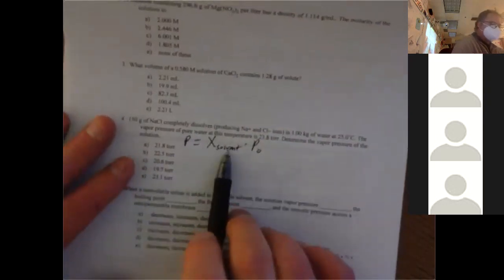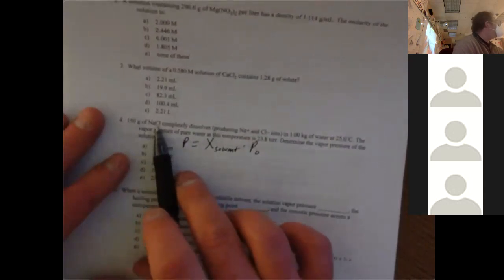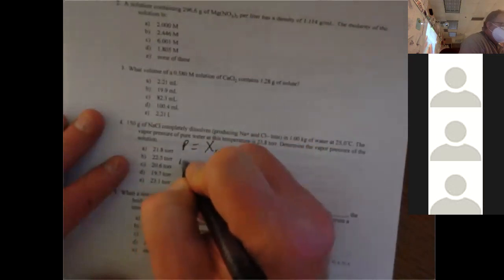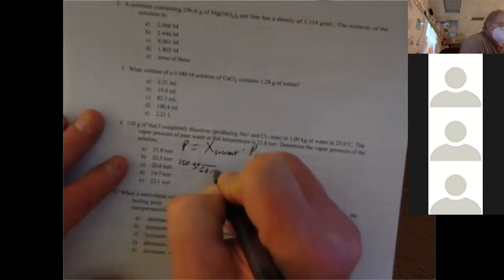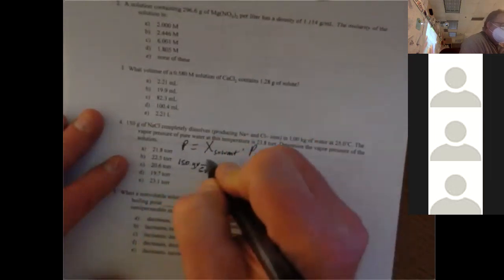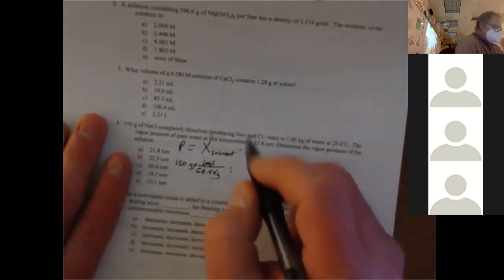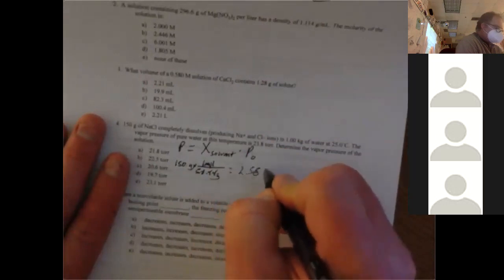So to find the mole fraction of the solvent, we need moles of sodium chloride. What's the molar mass of that? 58.44. 150 divided by 58.44 is about 2.5667, so 2.56 moles.